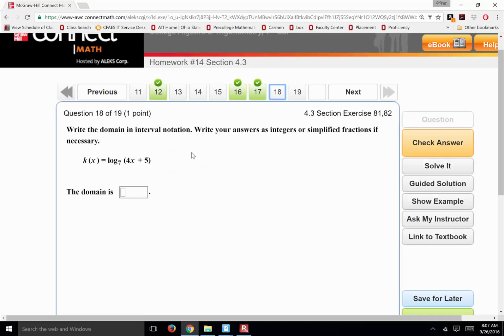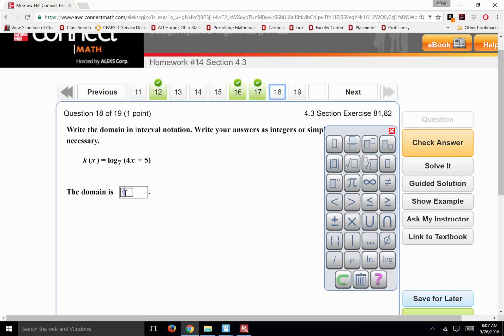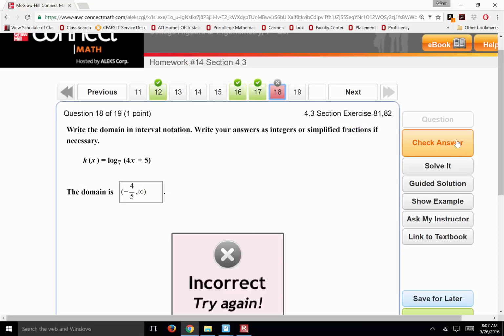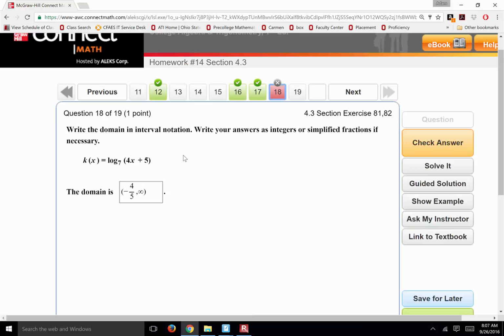Only positive ones. So the smallest number that makes the inside positive is minus 5/4. And how far can we go on the right side? How big can x be indefinitely? It's infinity. Yeah, thank you.